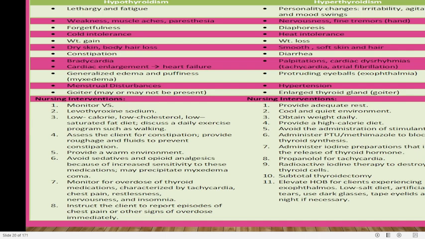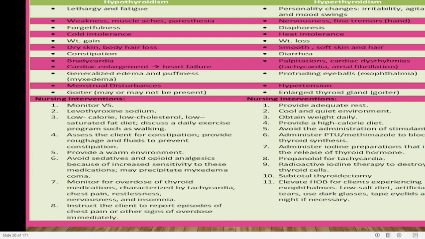In hypothyroidism, we have lethargy, fatigue, weakness, muscle aches, paresthesia, forgetfulness, cold intolerance, weight gain, dry skin, body hair loss, constipation, bradycardia, cardiac enlargement that could result in heart failure, generalized edema and puffiness, the one that we commonly refer to as myxedema, menstrual problems, we talked of menorrhagia, goiter, which may or may not be present.